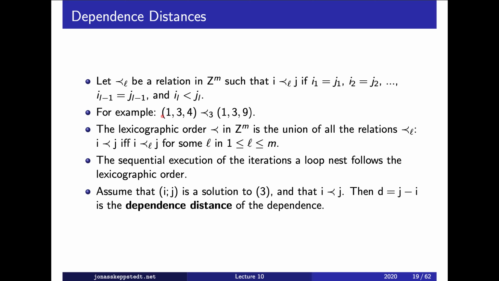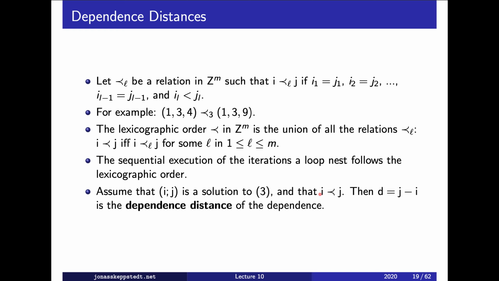For instance, this vector here is less than this vector at level 3. And if we take the union of all the relations where we compare the indexes pairwise, then we get the lexicographic order, and the sequential execution follows the lexicographic order.